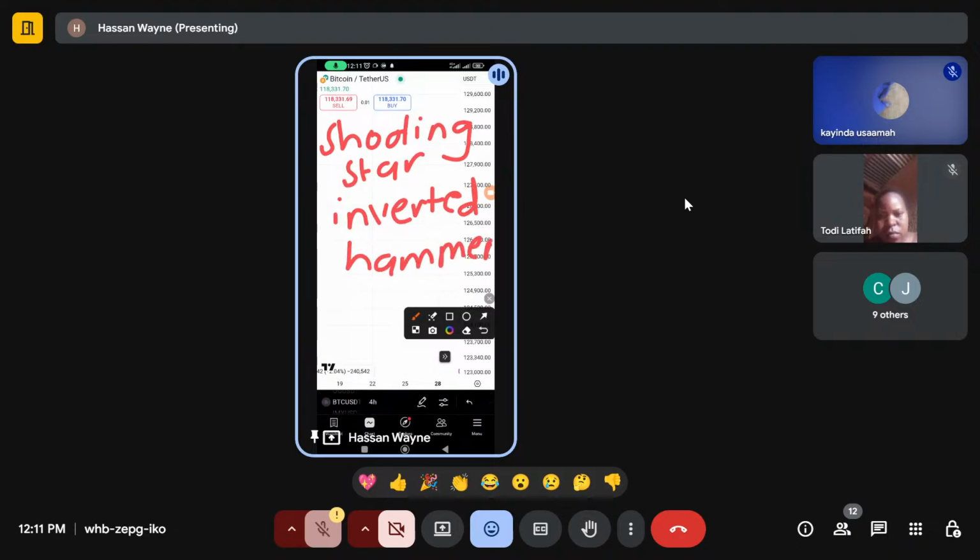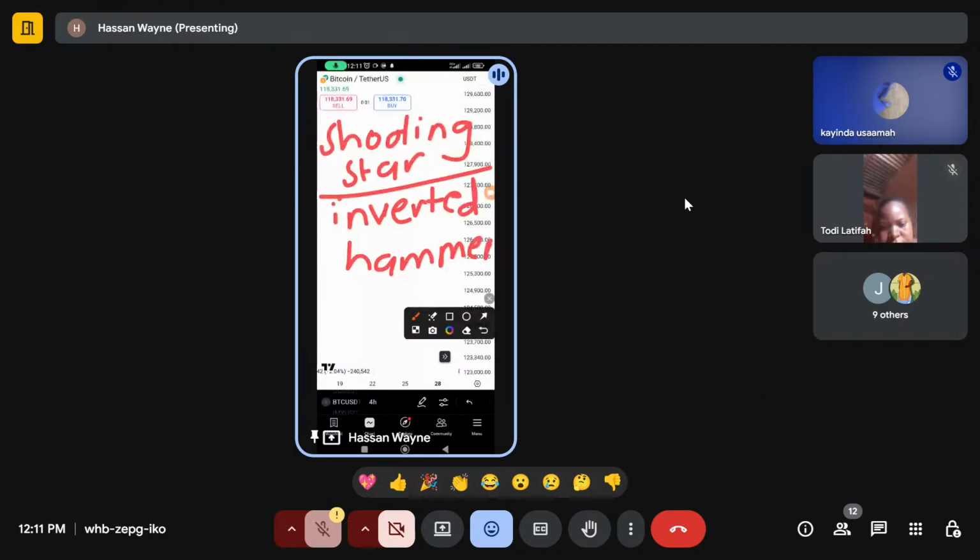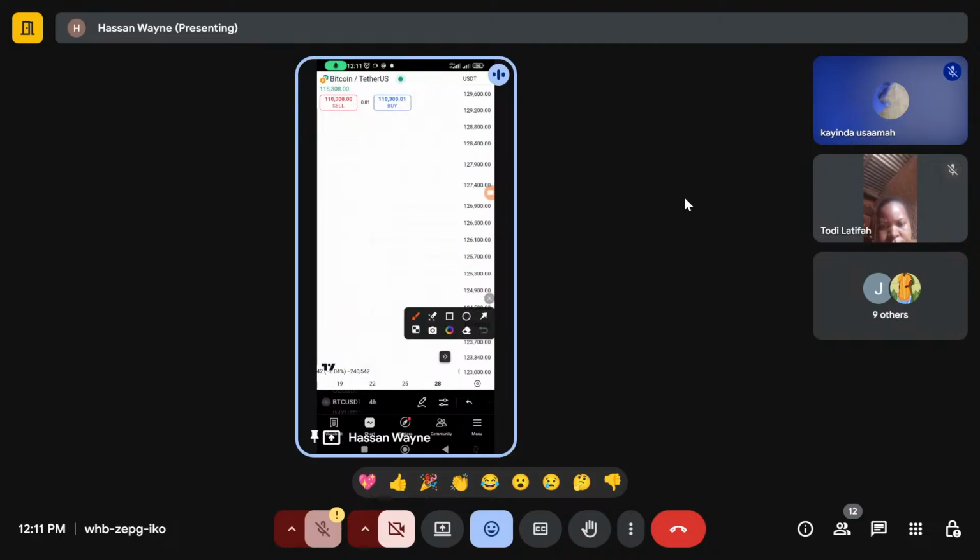It is called the shooting star, or you can call it inverted hammer, because it is opposite of hanging man or hammer. So let us look at how the shooting star looks.